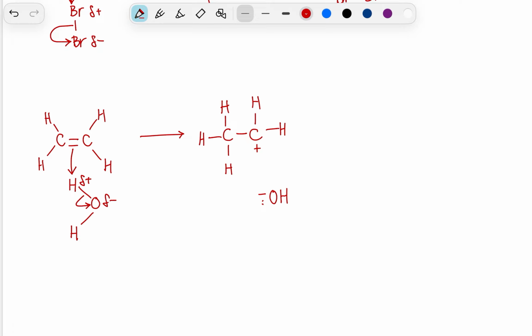Now your arrow goes from the lone pair to the carbon. If you have to draw the displayed formula for this, you should be drawing the O to H bond as well, or you will lose marks. So you've gone from ethene to ethanol.